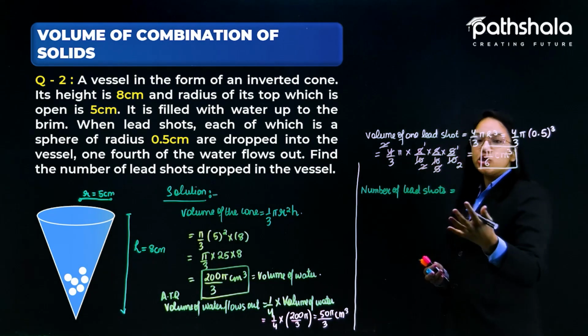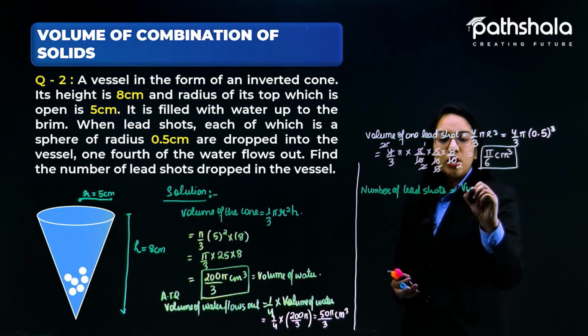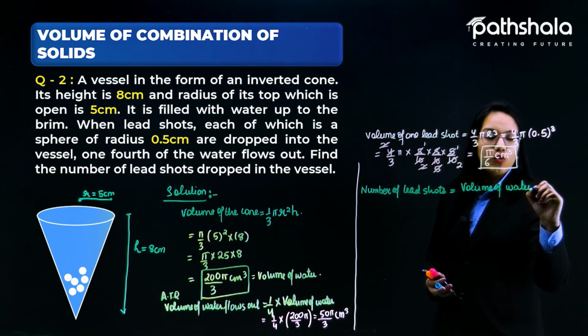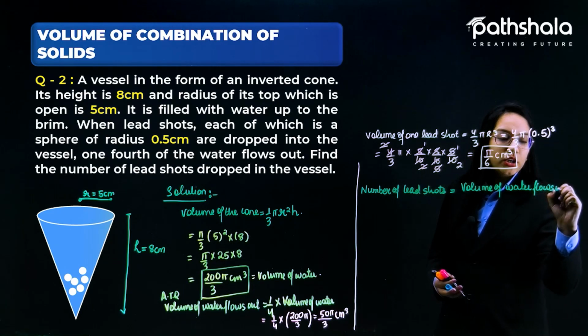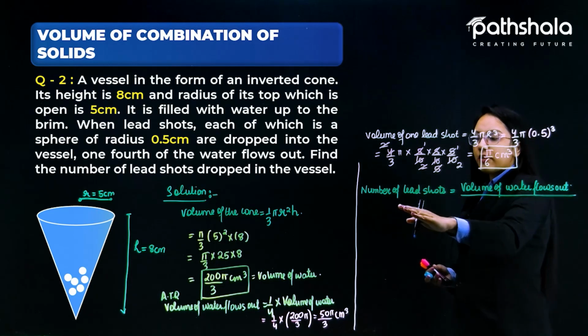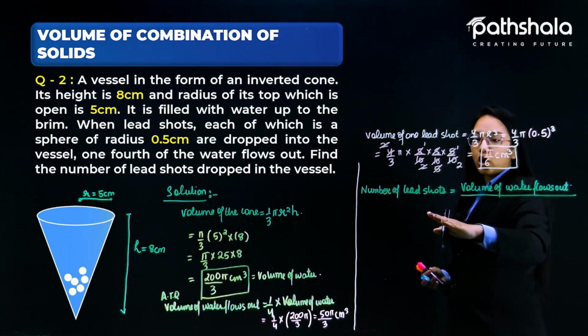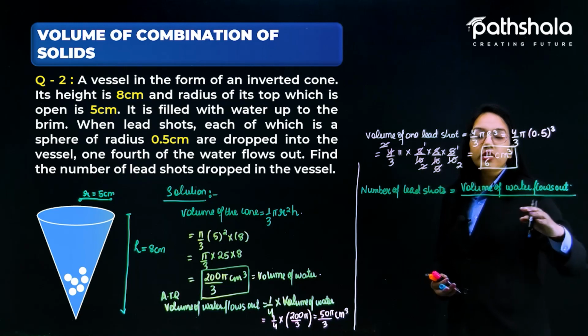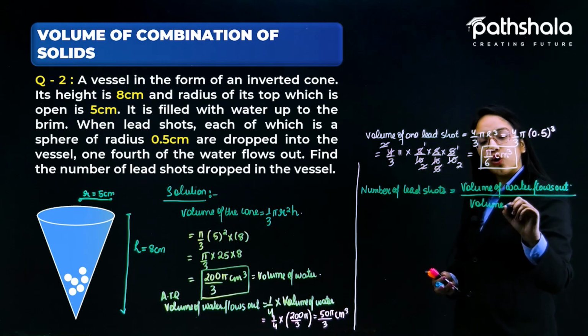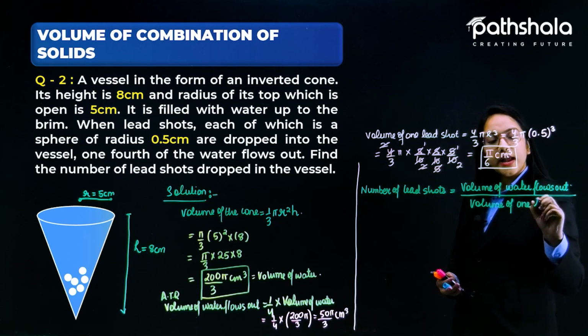The number of lead shots is equal to the volume of the water that flows out divided by the volume of one lead shot.